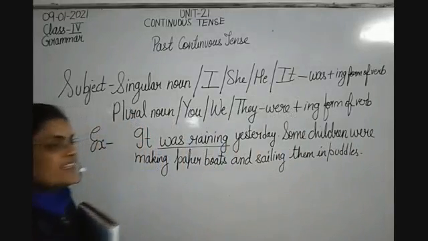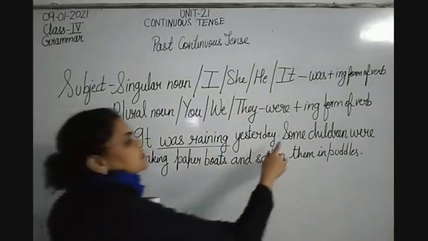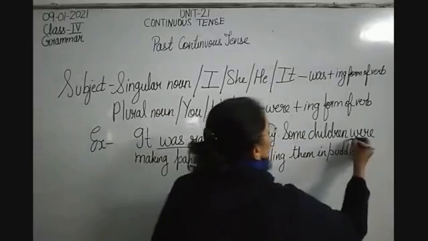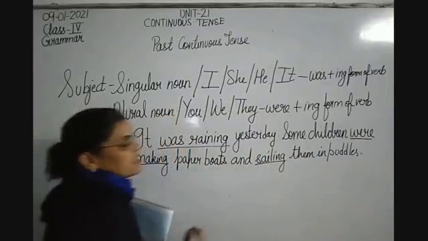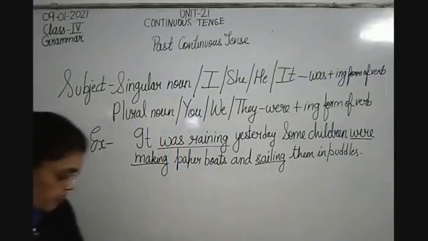Now, in the second line of the paragraph, you can see that the subject is some children. उसके साथ were plus making and selling them in puddles, है ना.